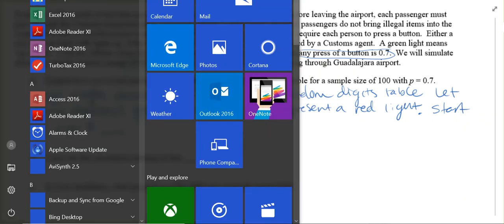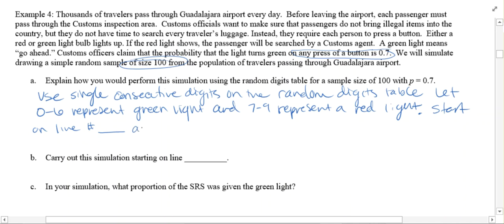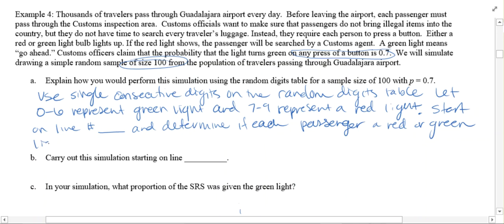And then determine if each passenger gets a red or a green light, okay, we're going to keep track until we reach 100.